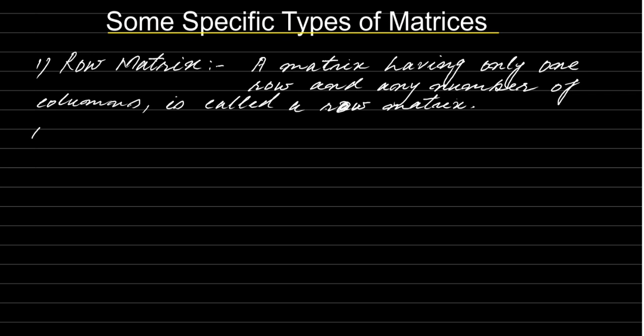For example, the matrix 4, 5, 3 is a row matrix because it has only one row and 3 columns.